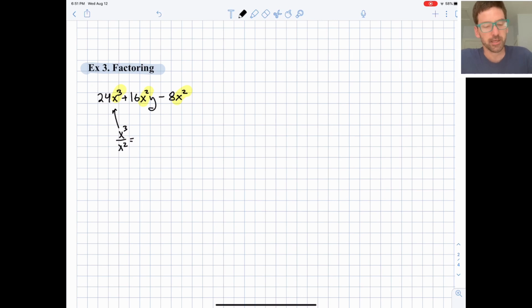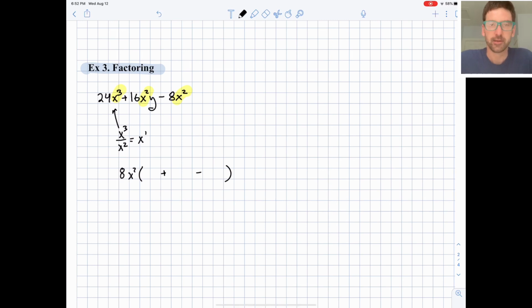X squared goes into x cubed and leaves an x to the first behind. Okay, so I'm going to pull an x squared out front, and I'm going to throw in my parentheses. I can throw in my plus sign and my minus sign right away. And then let's think about my number terms. I can pull an 8 out front.